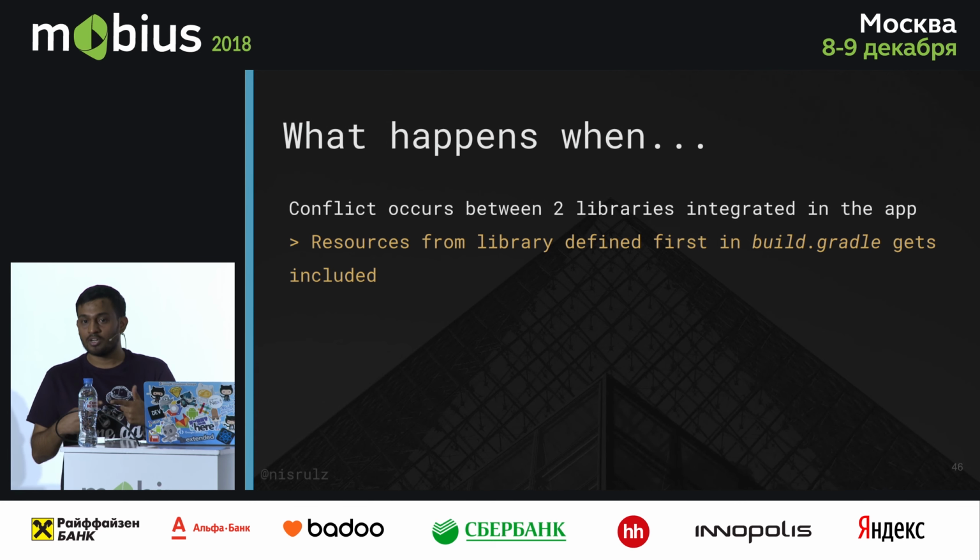That's a big problem. Library B is not meant to handle this kind of resource. Even though the key is the same, the value might be different, and it might react differently, so it will cause a crash. Again, the crash probably happens in the library, but it shows up in the app. You never see a library crashing. You see the app crashing, because that's where the code is executed.